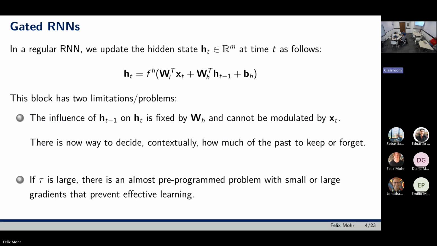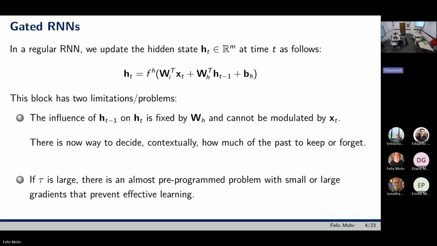Which we have down here. The influence of the last internal state on the next internal state is really fixed and only influenced immediately by this matrix, nothing else. We want this state to depend on x_t, which is already the case. But we do not only want the next state to depend on x_t, but also that the way the previous state is treated in this update has something to do with x.